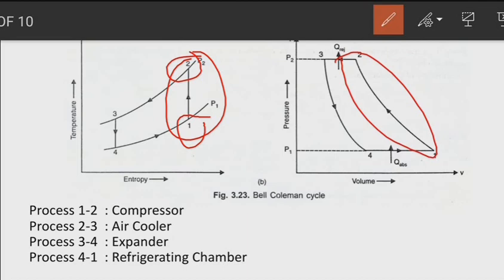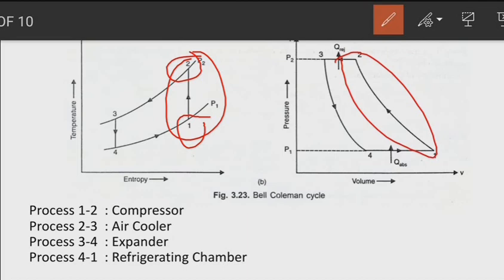As you know, when we put some air in a cylinder and compress it, the pressure increases and its volume decreases. And here you can see that the temperature also increases, along with the pressure.